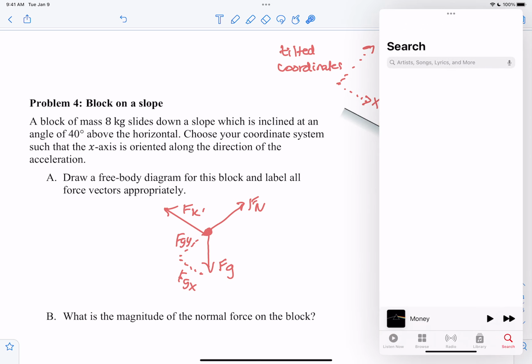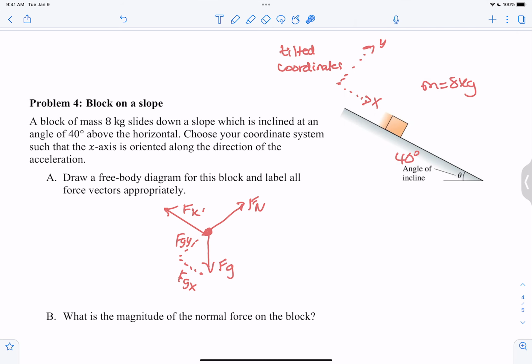This is our y-axis here. Downwards like this, along the negative tilted y-axis, would be the Fgy, and we have to cancel that with Fn because we don't want any motion in the tilted y-axis direction.